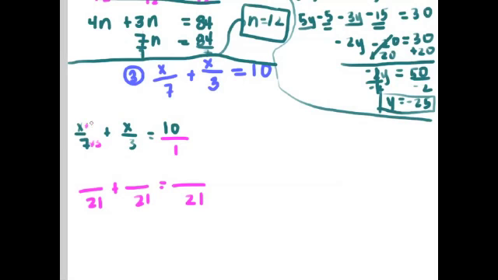So on the top, I'm going to times 3. So that turns into 3x, right? X times 3 is 3x. Then I have 3. To get from 3 to 21, I times 7, so I end up with 7x. To get from 1 to 21, I times 21. 10 times 21 is 210.